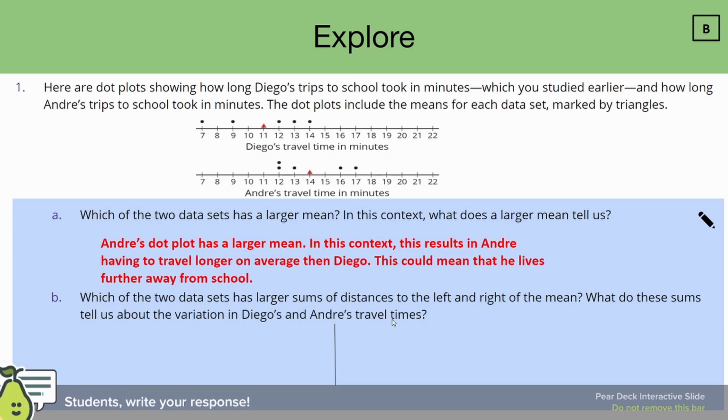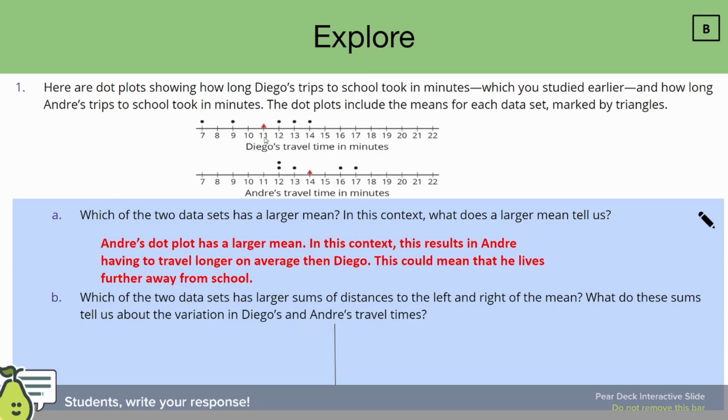Okay, so with that said, what I want you to do is to please pause this video, look at the data provided to you for Diego and how long it takes him to travel in minutes. Look at his data. I want you to find the distance between all the data points for Diego and his mean.